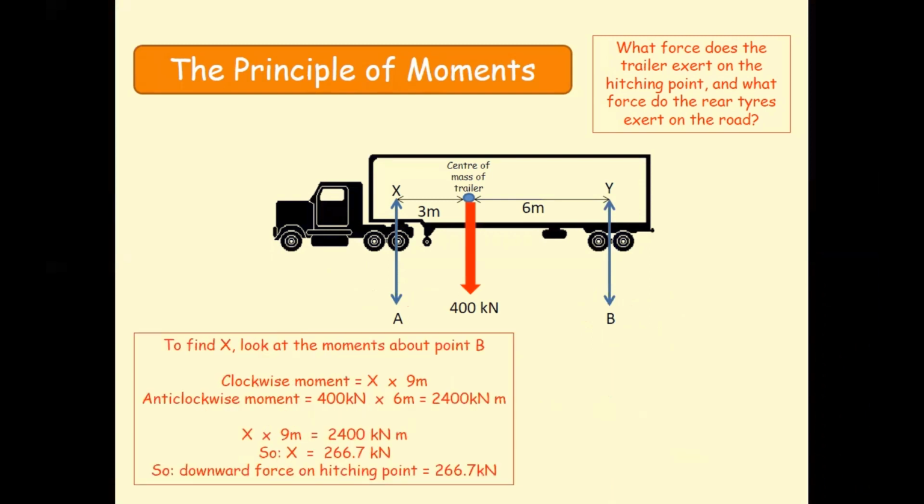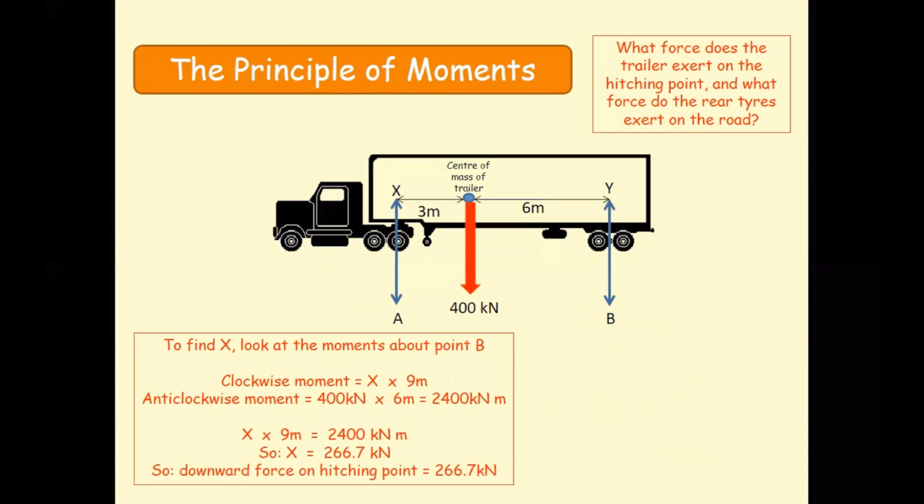So if we want to calculate the clockwise moment, that is exactly what the point x along with the terminal point y. So here we calculated the distance, that was 6 + 3, 9 meters.